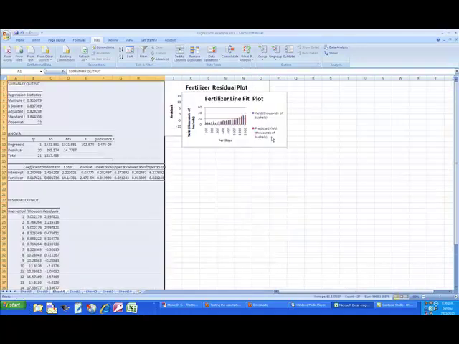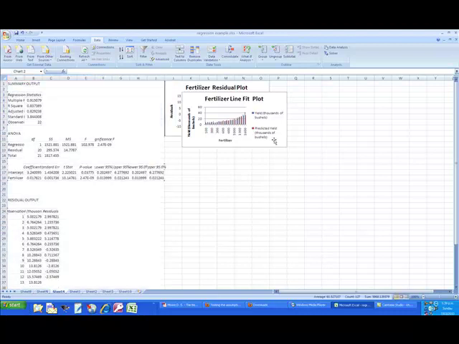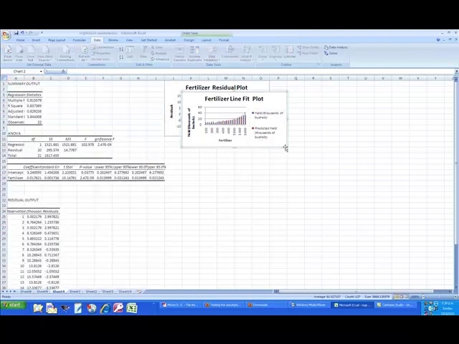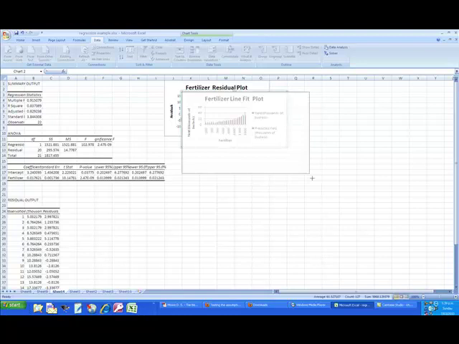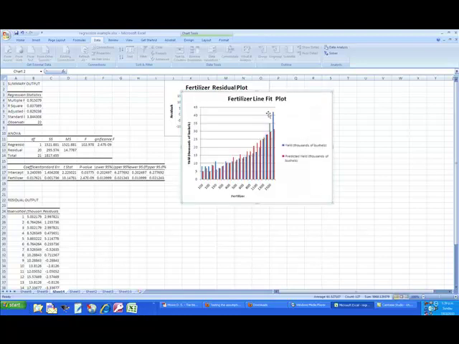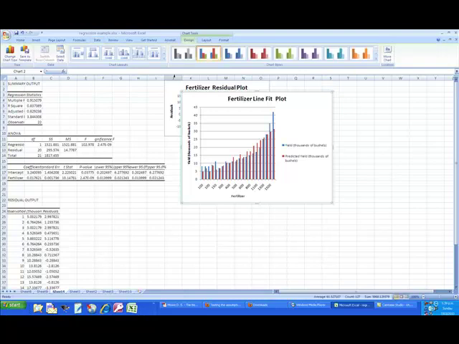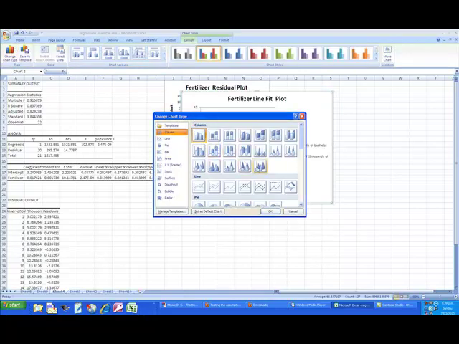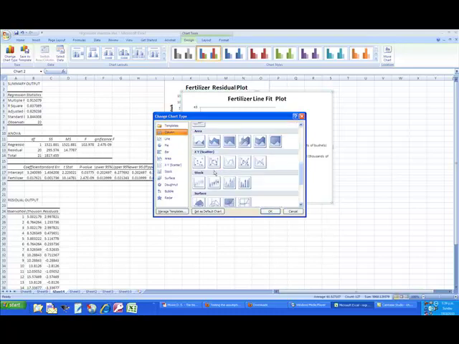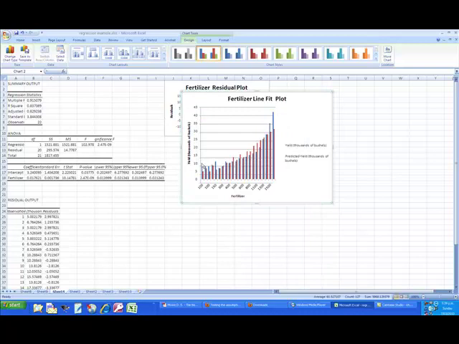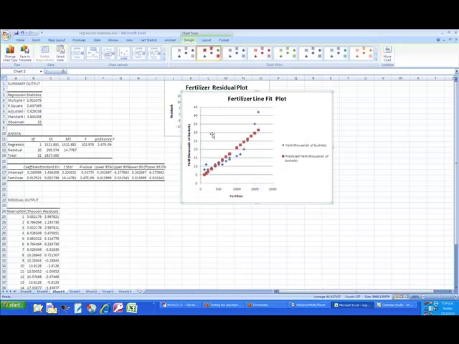Okay, so we get the same kind of graph that we got before, which we could just fix like that.